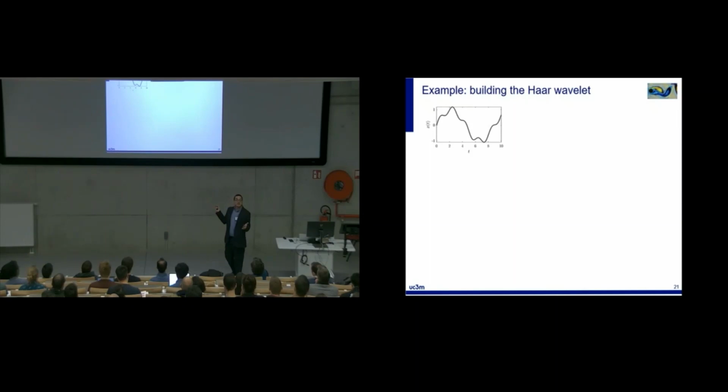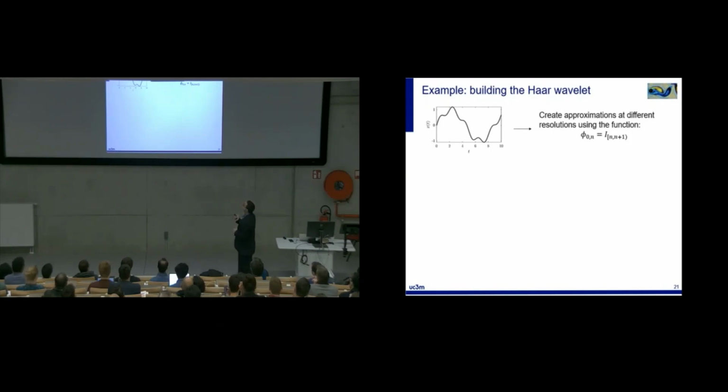Actually, we can discretize it. So suppose it's a discrete set of measurements. And then suppose that I want to create what is called an approximation at a certain level of resolution. So imagine that you have a sensor which is able to average your function over a finite interval. This function is a scaling function, what we will call in a moment the father wavelet. I can select it, for instance, as a function which has uniform value in each interval n to n plus 1.